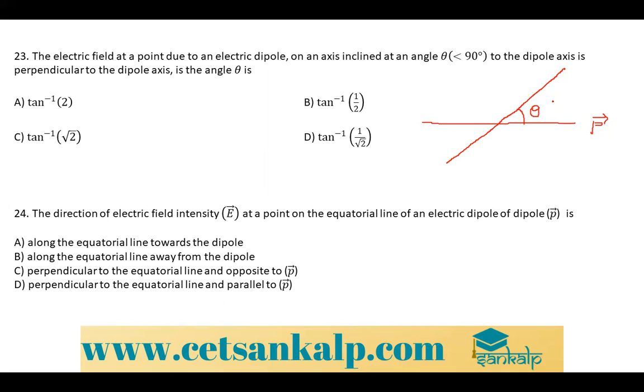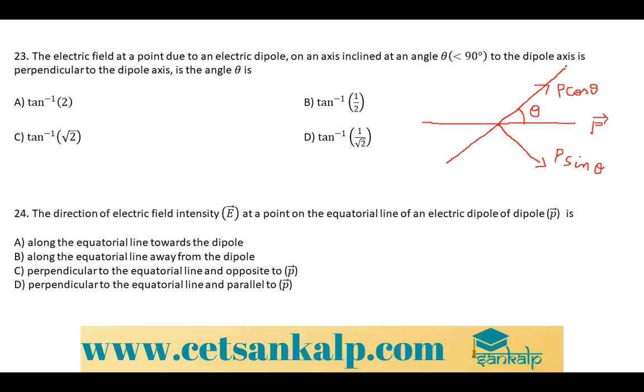This vector will be split into two components: p cos theta, and the other one, perpendicular to this, p sin theta. p cos theta and p sin theta.